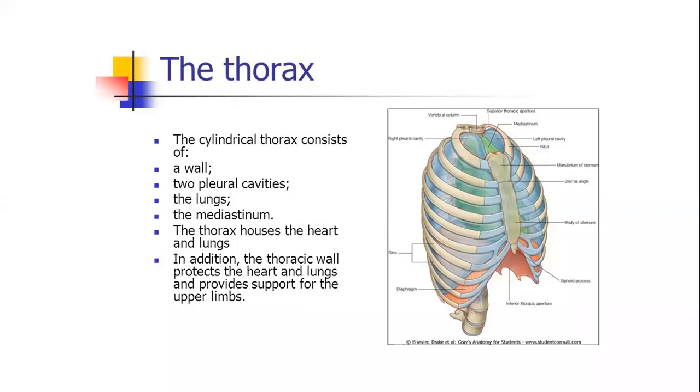Parietal is the outer layer which lines just inside the thoracic wall, whereas the visceral layer lines the external surface of the lung. So in between these two layers lies the pleural cavity. I hope this is clear.